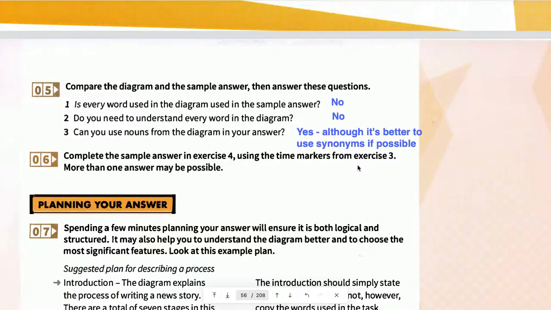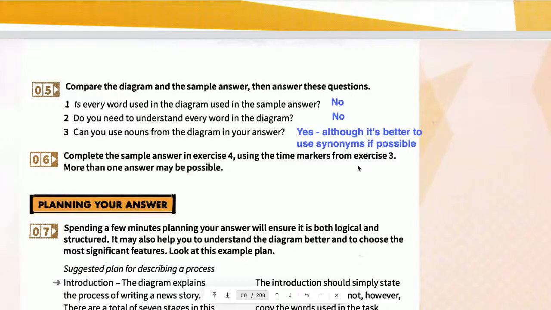So that means yes, you can use the nouns from the diagram, but if you can avoid using them, then try to avoid using them and replace them with some synonyms.